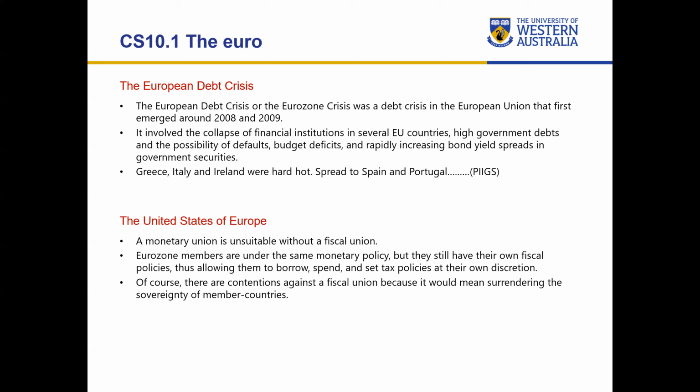Okay, a couple of final points before we wrap this up. If the politicians and the power brokers in Europe were actually targeting the eventual creation of the United States of Europe, why would they do that?